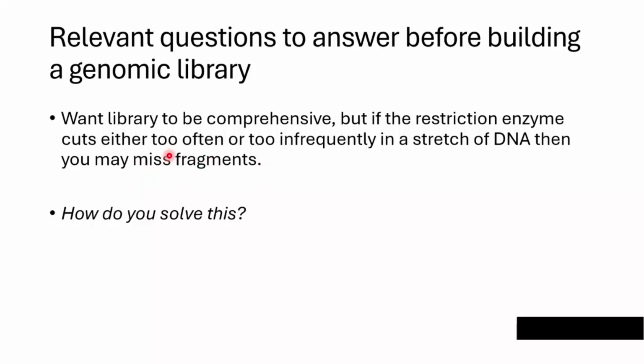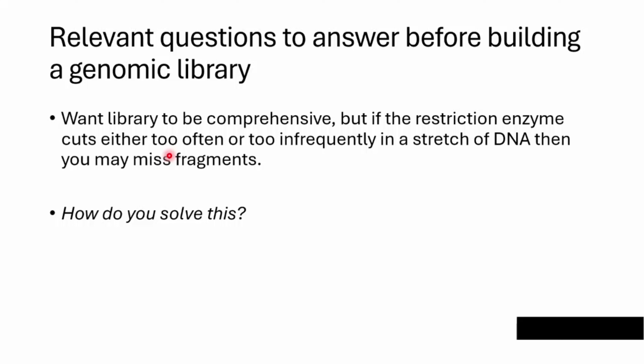So if you increase the amount of it, you have a chance of getting that fragment, but you also can use multiple restriction enzymes at the same time. The problem with this is that it's very hard to predict the fragments that you will be producing, because if you cut with 2 or 3 enzymes at the same time, then you end up cutting fragments into smaller fragments into smaller fragments. So that's problematic too.